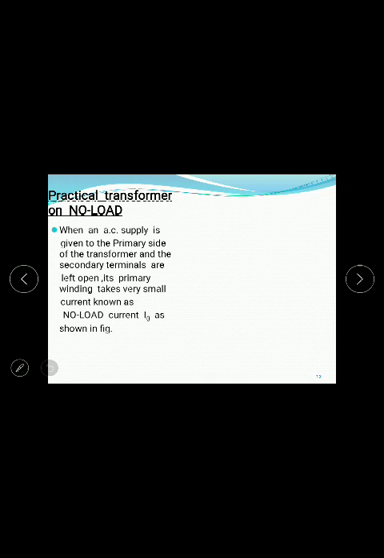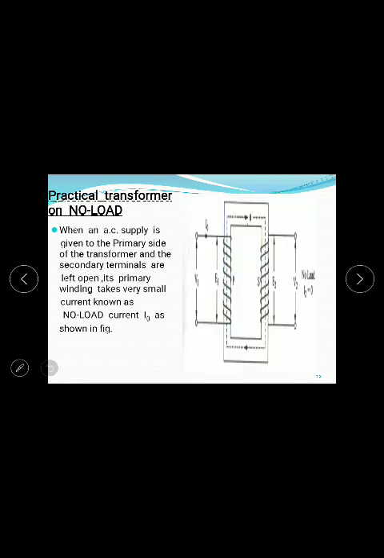This is shown in the figure. See here, this is the I0 current, the no load current.